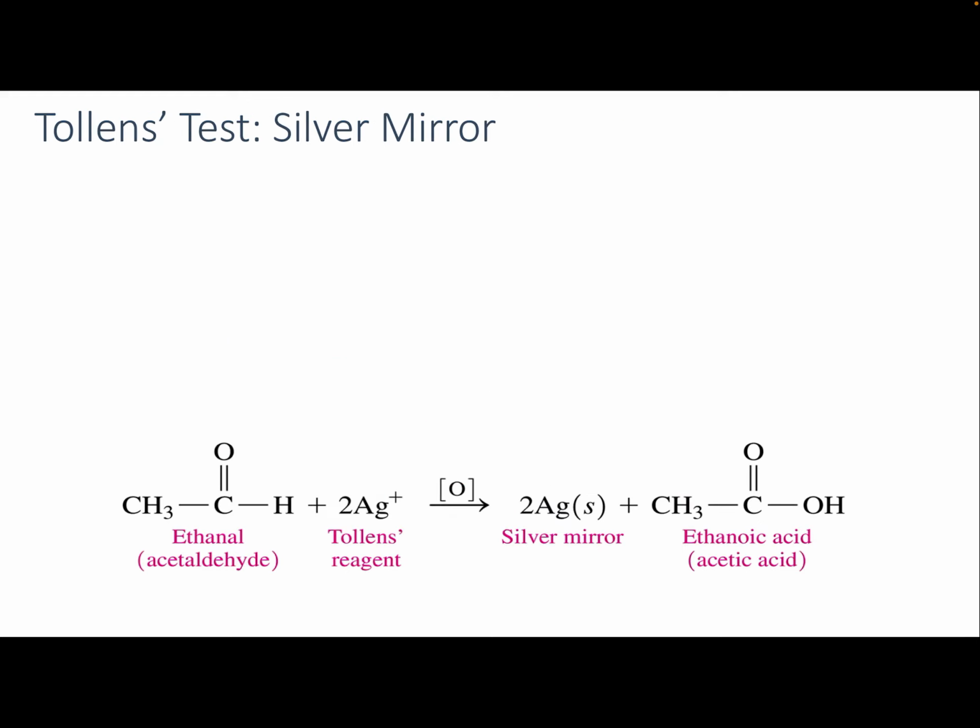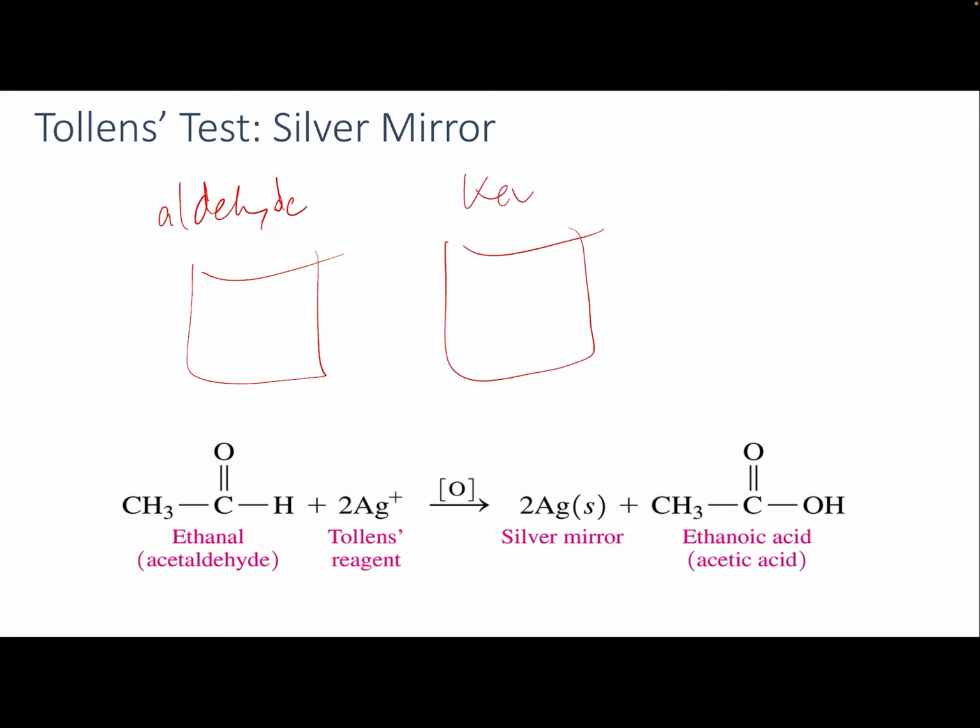Now the Tollens test can be used to distinguish between an aldehyde and a ketone. So for example, if I have an aldehyde in a beaker and a ketone in a beaker, and I don't know which is which, I can use the Tollens reagent, which is a silver solution.